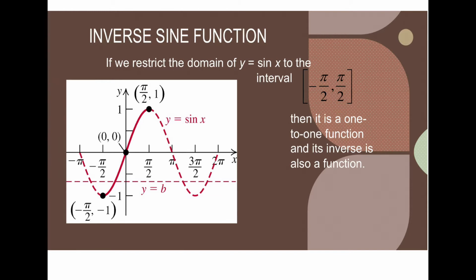In order for the inverse to be a function, it has to also pass the horizontal line test. Otherwise, that function's inverse would not be a function once we found it. If you recall, if we folded it across y equal to x, that's what the inverse functions look like.